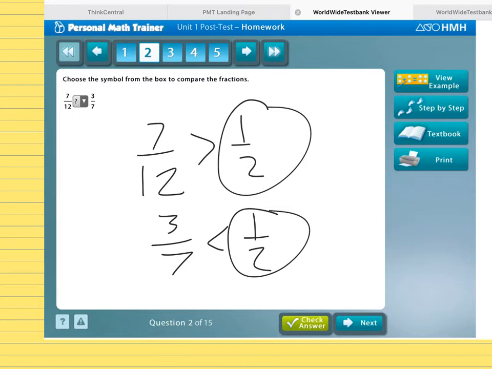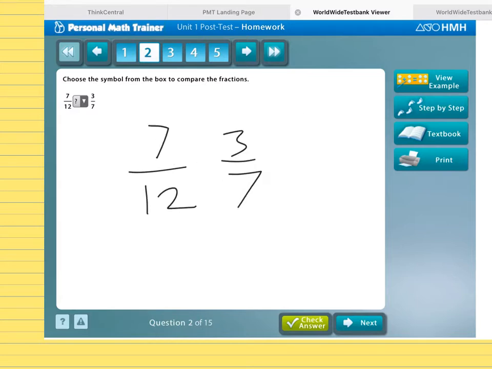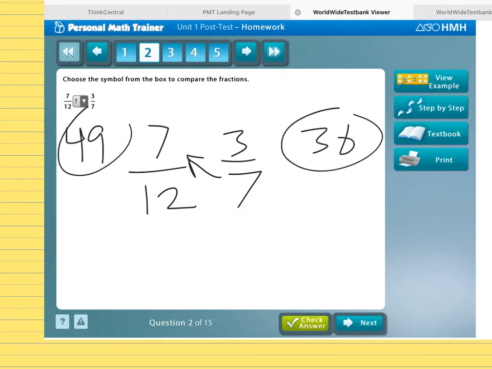But if you want to do mental math, this also works. One is greater than a half and one is less than a half, so that would also work. And also, if you just wanted to do a shortcut method, 7 times 7 is 49, 12 times 3 is 36. So if you compare those products, you can see that this number will be greater than that number. That is the third way to do it.